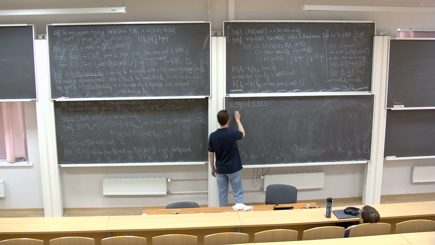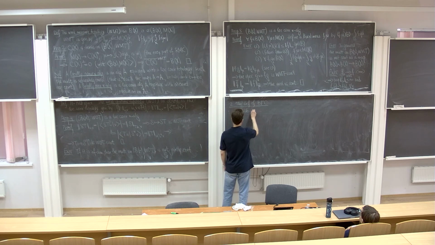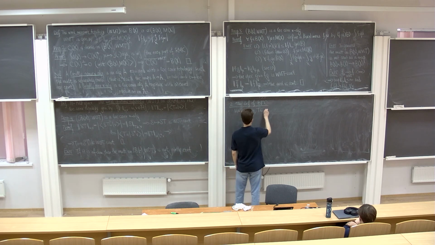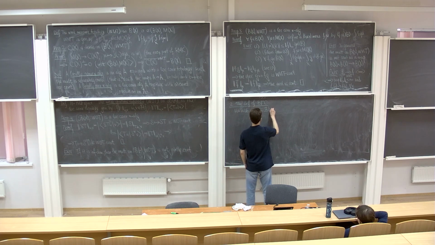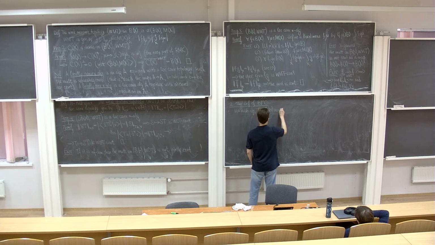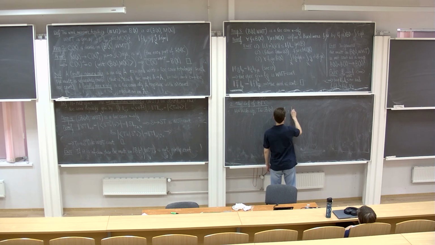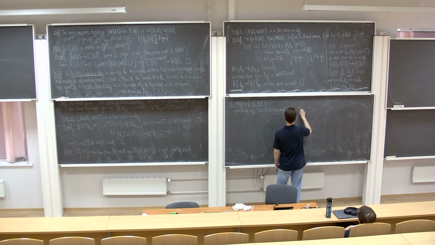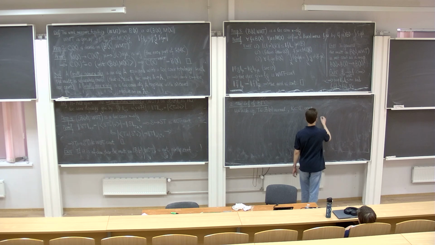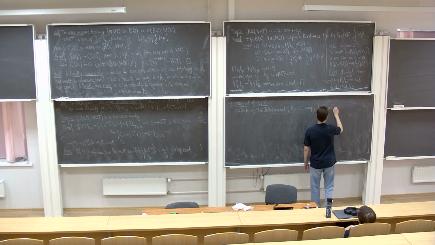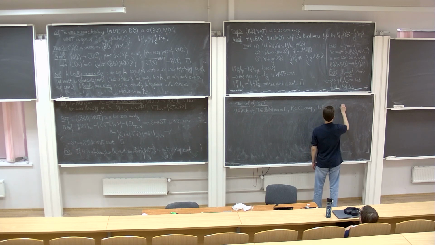Suppose that H is a Hilbert space and T is a normal operator on H. Suppose also that K is a compact subset of the complex plane. As usual, we denote by little t the inclusion map of K into the complex plane.